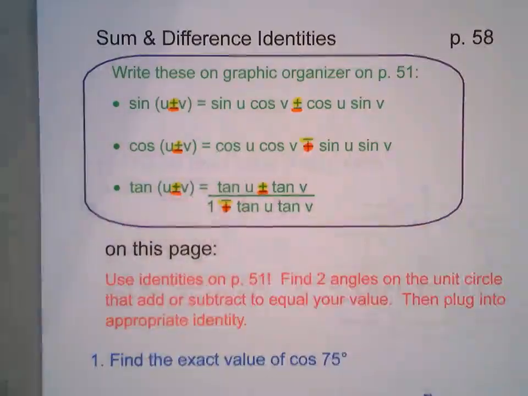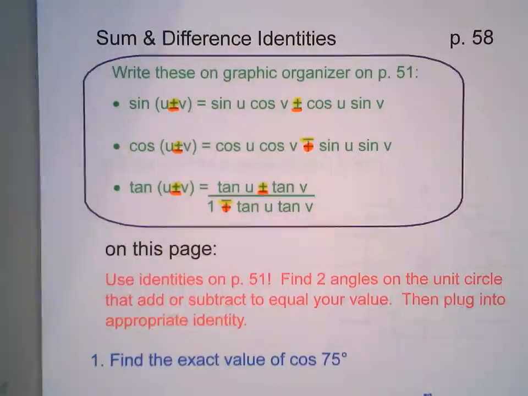These are going to be equations or identities that you're going to want to have written down somewhere so that when we get to our test after spring break, you'll be able to use them at your leisure.